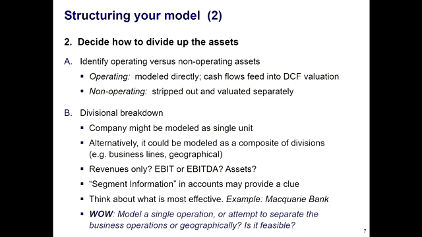Dividing up the assets. So we understand that the KGW model is designed to value the operating assets only. With the non-operating assets, you might find it's quite tricky and difficult to understand, but actually in the KGW model, it's only one raw number, just a forecast of non-operating assets.